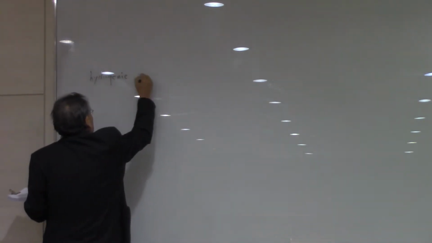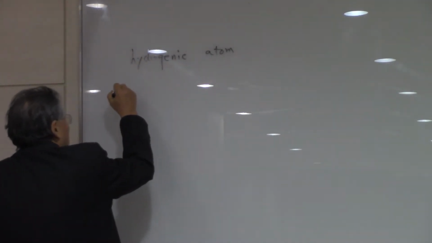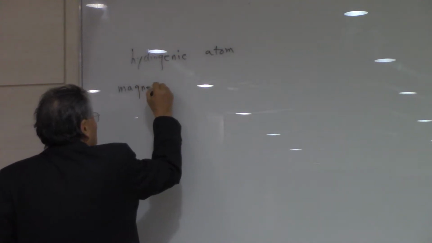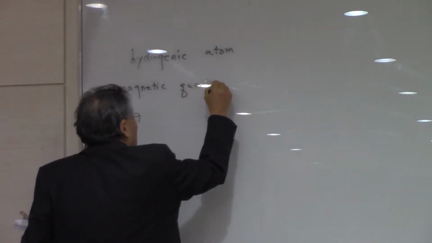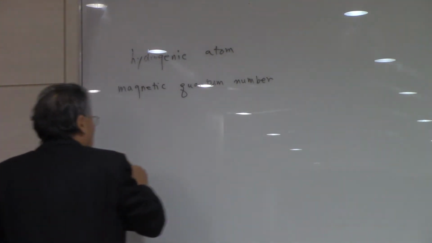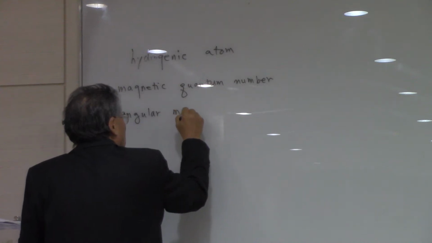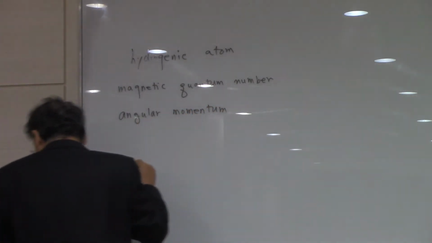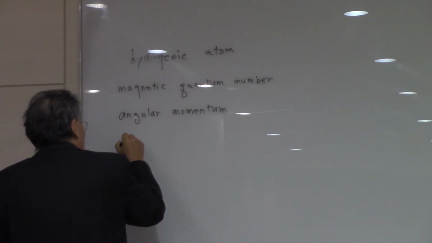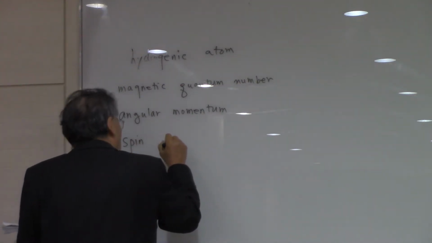The hydrogenic atom. The last time we discussed the magnetic quantum number, the angular momentum quantum number, and the spin quantum number.